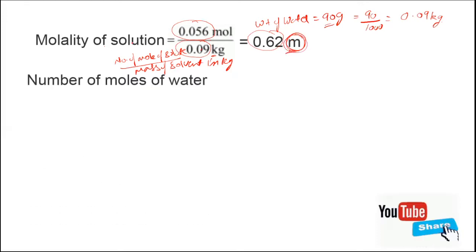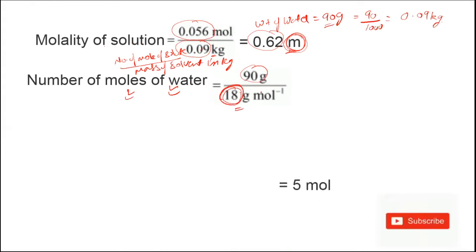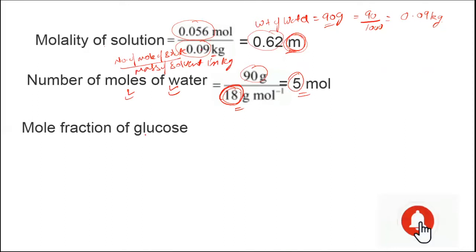Now we will calculate the number of moles of water. As you know, the weight of water in the solution is 90 gram. The molar mass of water is 18 gram. So when we solve it, the value comes to be 5 mole. Now we will calculate the mole fraction of glucose.